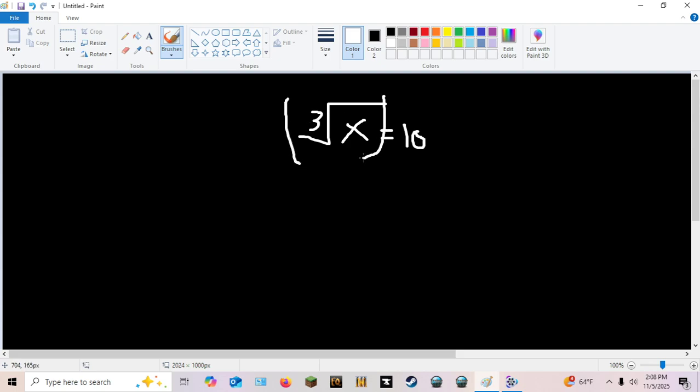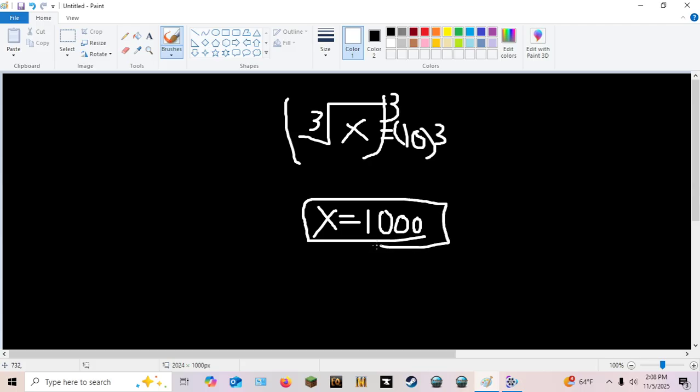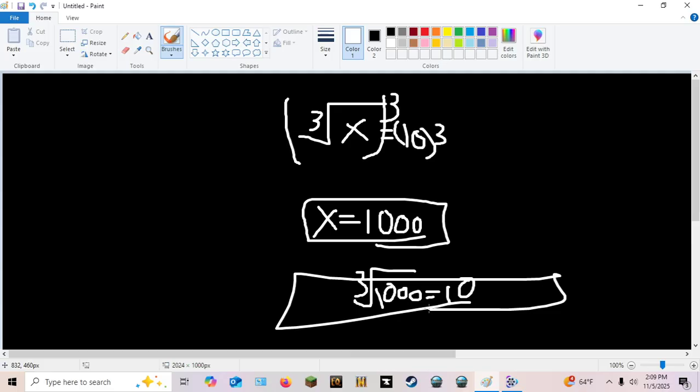That means I need to cube both sides. The 3's cancel, leaving x. X equals 10 cubed, which gives us 1 followed by 3 zeros. And that means x equals 1000 is correct, because the cube root of 1000 equals 10, because 10 cubed is 1000.